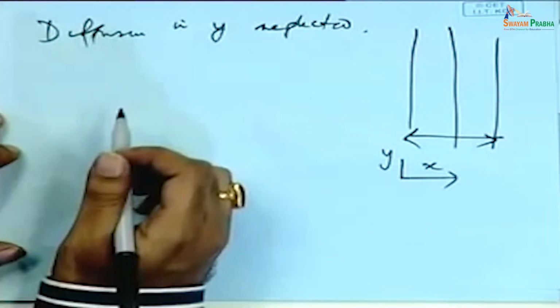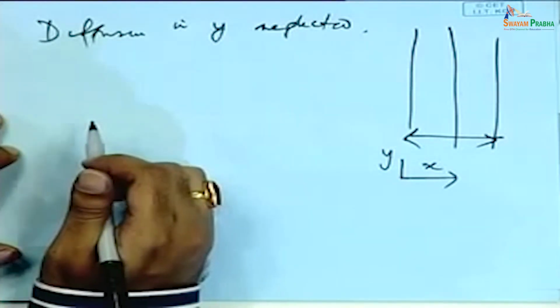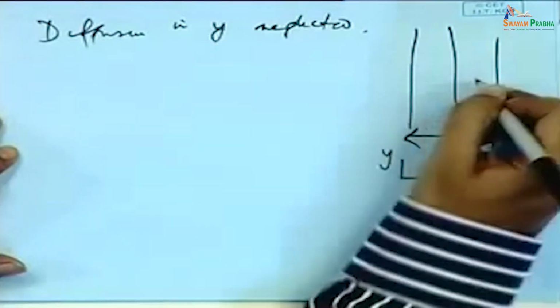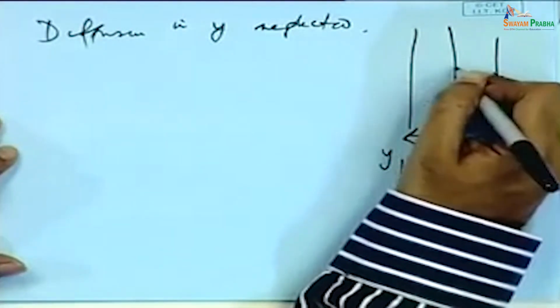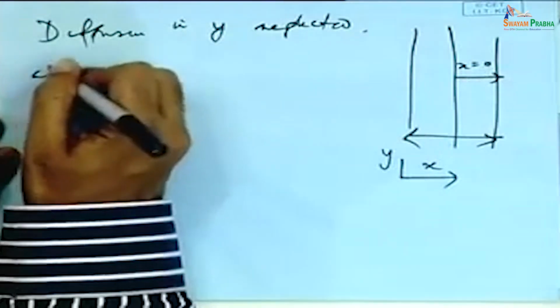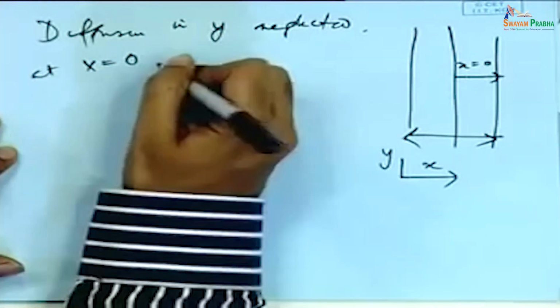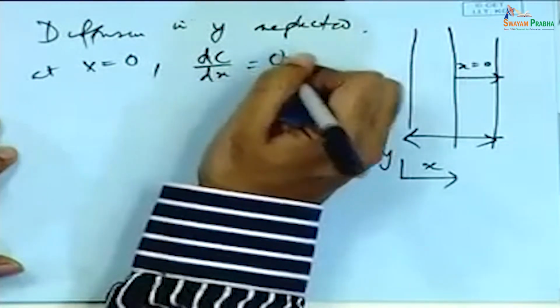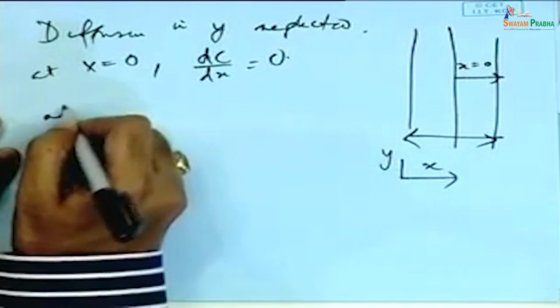Because of symmetry, my condition at x equals 0 is that the gradient is zero. Now what would be the other condition?